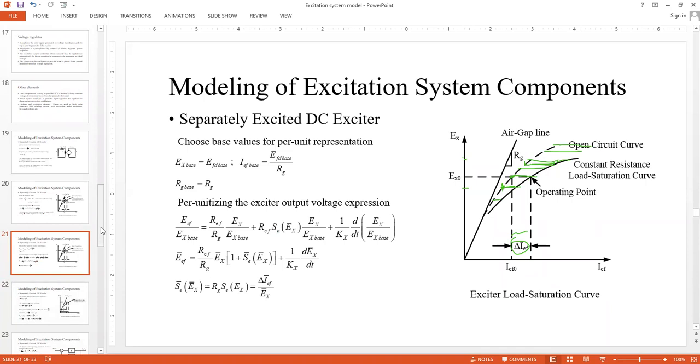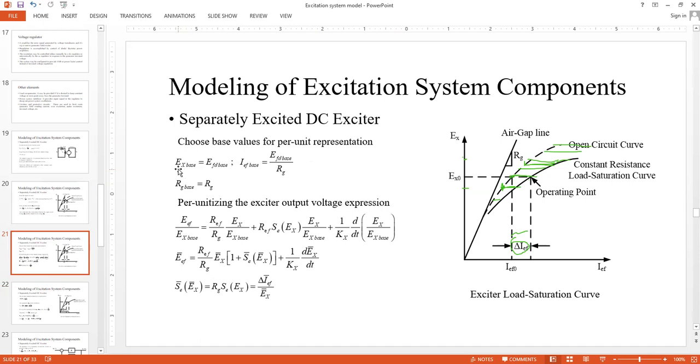Now remember our overall representation till now in our synchronous machine modeling was done in per unit form. We started with actual values of EX, EF, IEF, RG, all these things. Now we are at a point where we would like to introduce per unitization for the exciter model. So we simply choose some base values first.